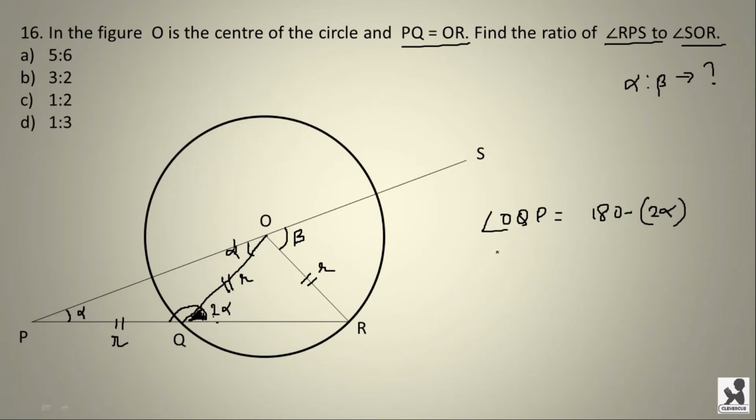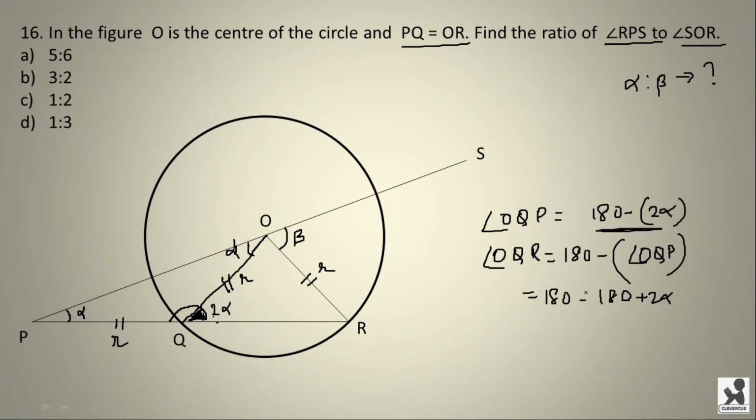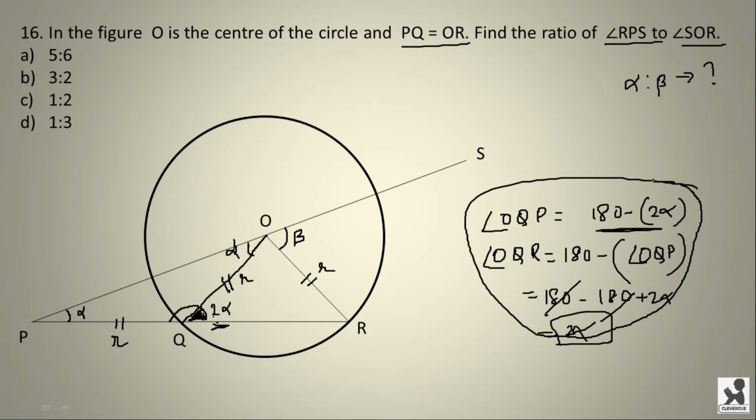And now angle OQR will be equal to 180 minus angle OQP, which is equal to 180 minus (180 minus 2 alpha). We are subtracting this from 180. So 180 and 180 get cancelled and we are left with 2 alpha. So the angle OQR is 2 alpha. So to save time we have to ignore all such steps.